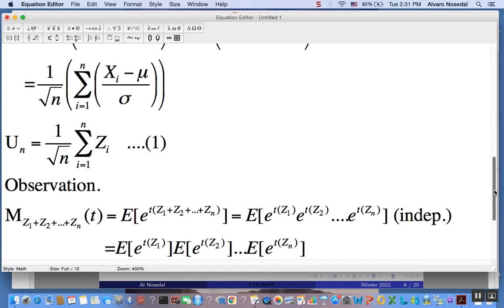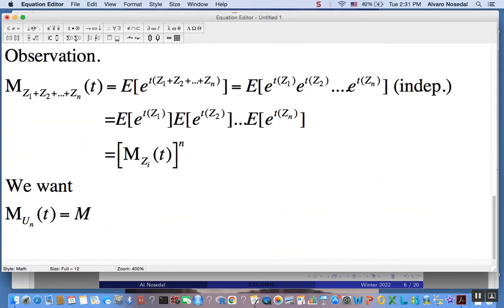So let me write that down. It's the same as m of 1 over the square root of n, and instead of writing this down like this, I'm going to be using the sigma notation, the shorthand notation. Sum of the zi's going from 1 up to n.